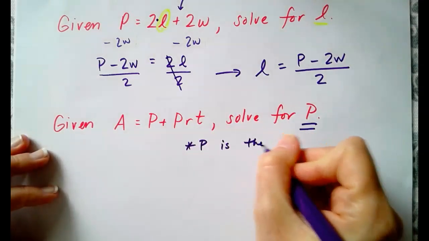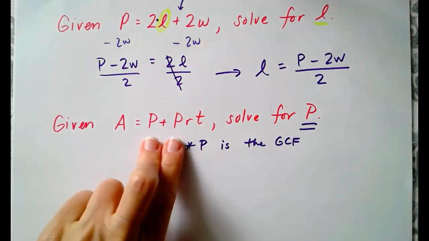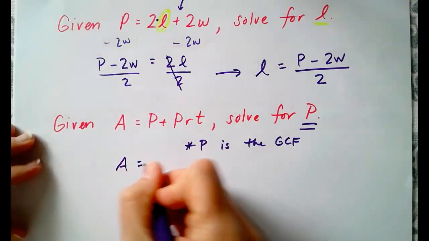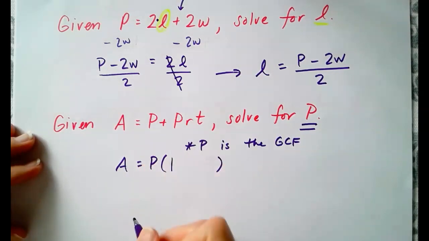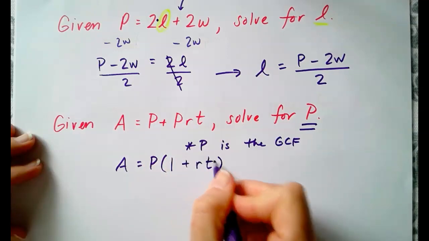P is the GCF. Sometimes it's necessary for us to do factoring. And what we're going to do here when we factor out the P is we're going to be undoing the distributive process. So when we take the P out, P divided by P is 1. PRT divided by P is RT.